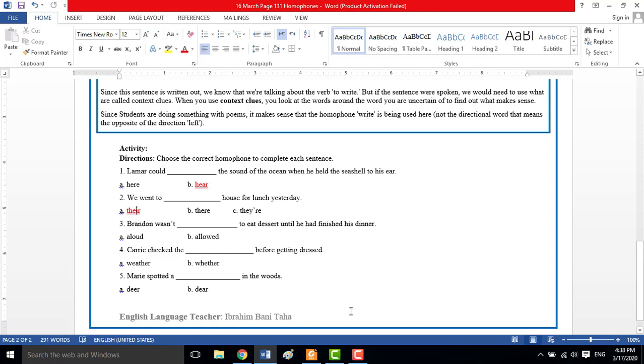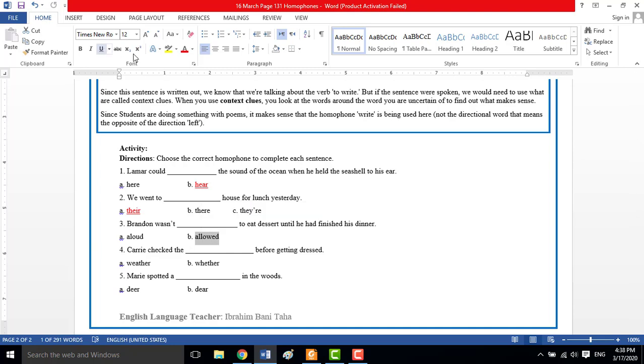Number 3: Brandon wasn't allowed to eat this dessert until he had finished his dinner. Now, allowed and aloud both have the same sound, but we are not talking about a loud sound. We are talking about the idea of giving someone the chance, or letting someone do something.